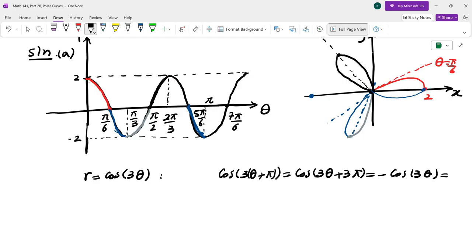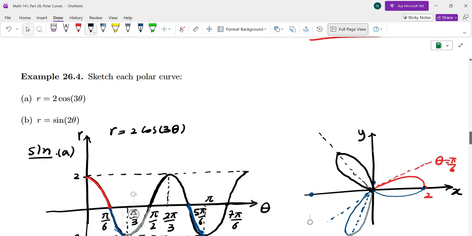And negative cosine of 3 theta is exactly negative r. So if I replace theta by theta plus pi, I would get negative r, which would be the exact same points, because we know that if we negate r and add pi to theta, we get the same point. So this would be the curve. This is a 3-leaf rose, and the distance from the origin to the farthest points is 2.